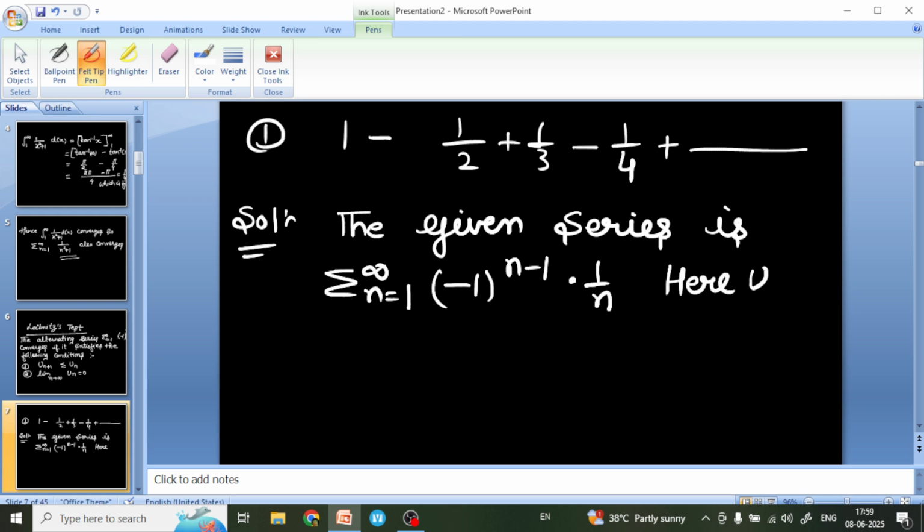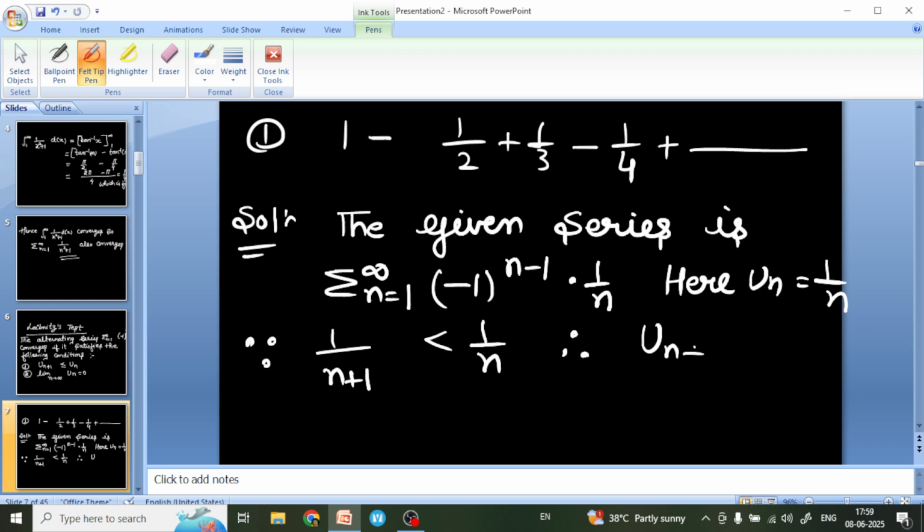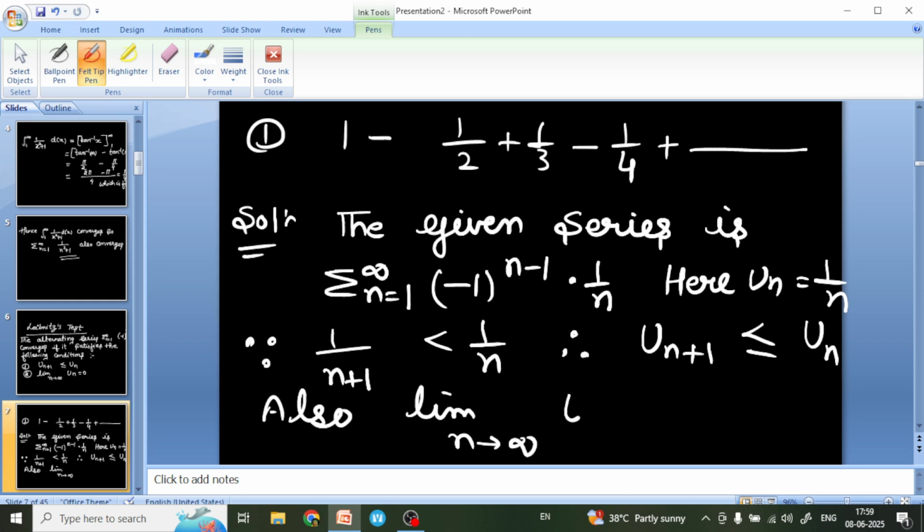Here un is equal to 1 by n, because 1 by n plus 1 is less than 1 by n, so u n plus 1 is also less than or equal to un. And also limit n tends to infinity of un is equal to limit n tends to infinity of 1 by n, which is equal to 0.